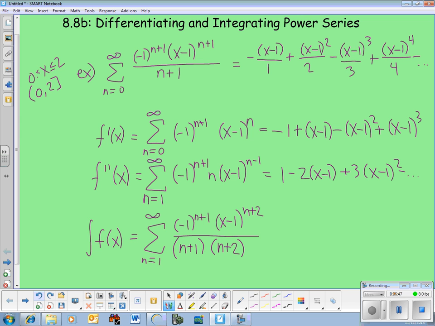Here's the important fact that's going to make this easier. Rather than doing the ratio test on the first derivative and the second derivative and the integral and checking all of those endpoints, we are going to not have to do the ratio test except once. The rule is this.